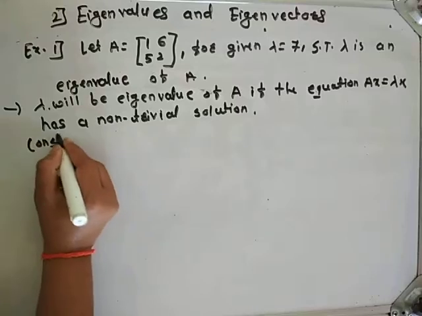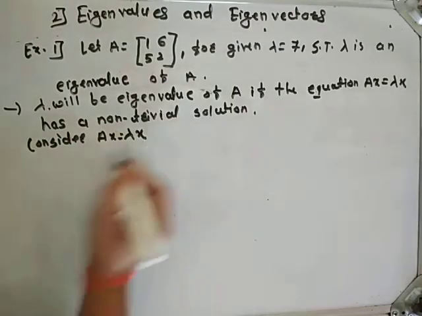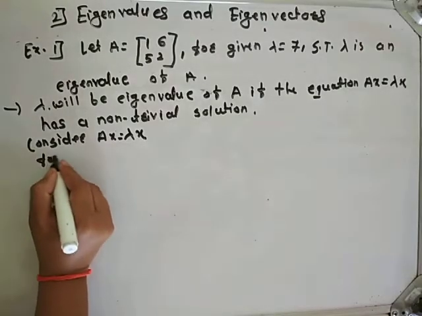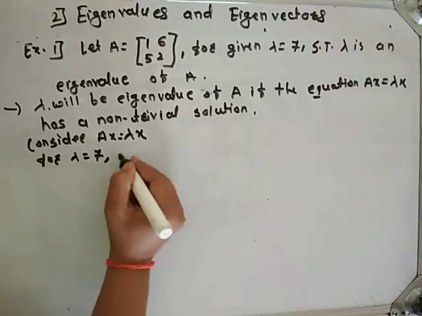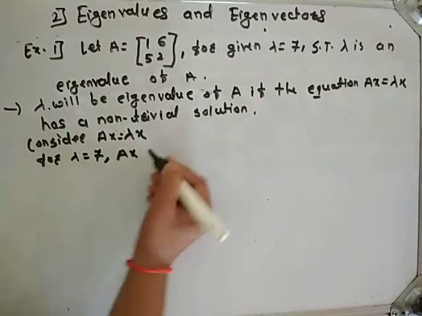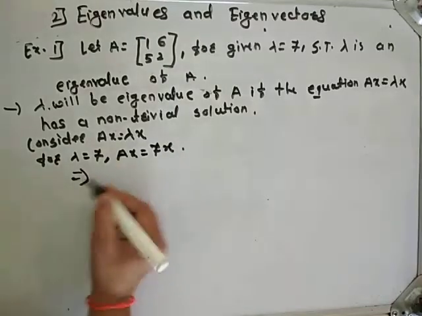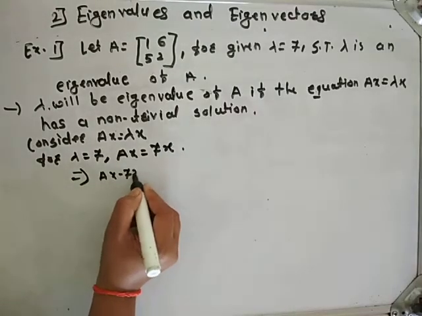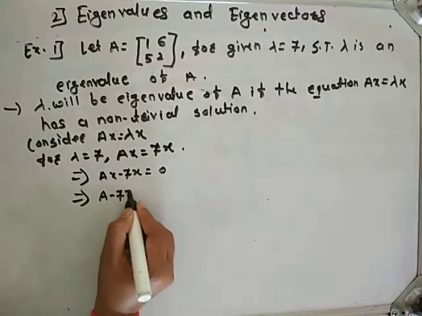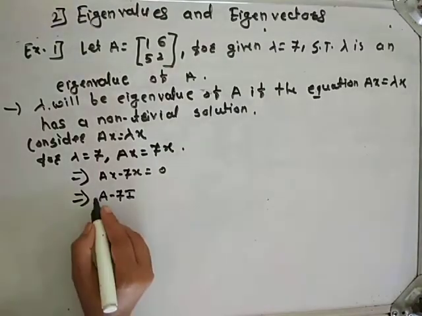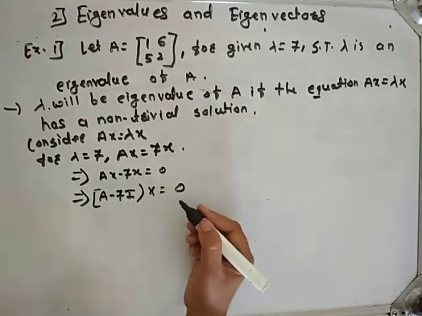Consider Ax = lambda x. For lambda = 7, this equation becomes Ax = 7x. That implies Ax minus 7x = 0. That implies (A minus 7 times the identity matrix) x = 0.